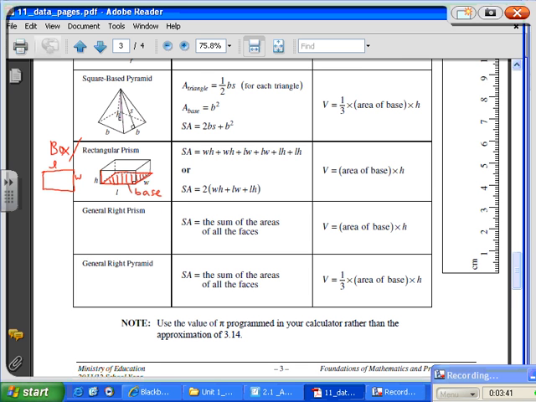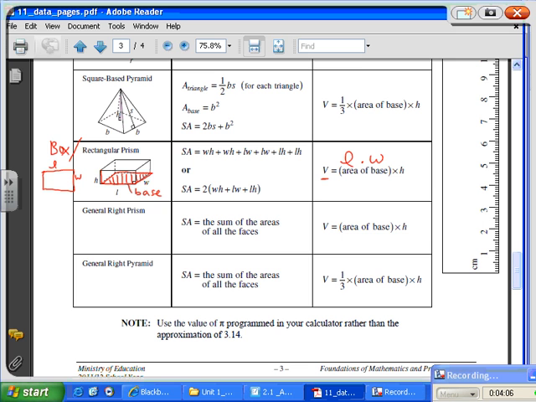What's really important that we recognize here is that when we have our formula over here, okay, volume is equal to the area of the base times the height. Don't let that confuse you. The base here is a rectangle. If I looked at the face that this box sits on, it's a rectangle down at the bottom. And the area of a rectangle is simply the length times the width.